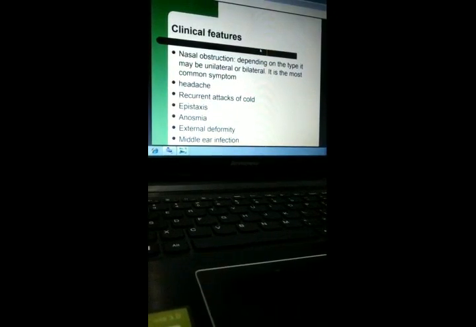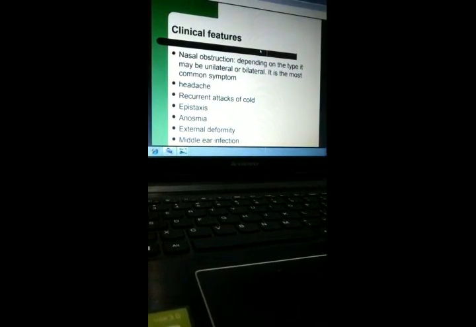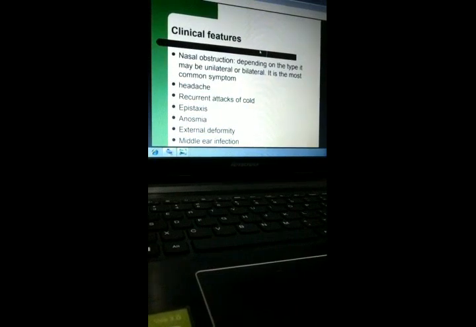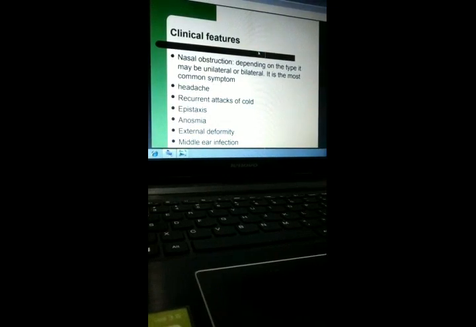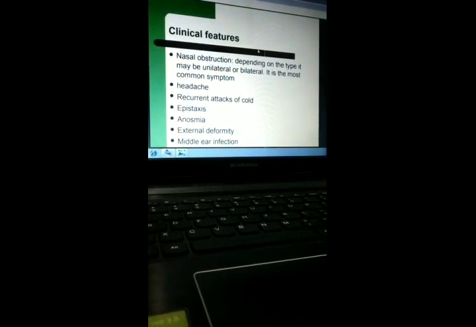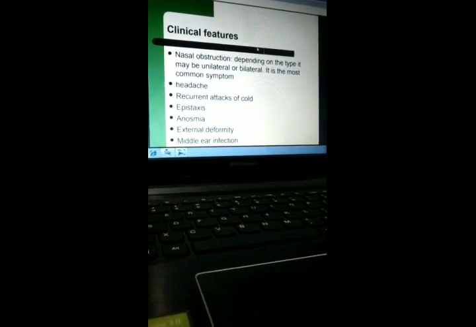Third is the recurrent attacks of cold. So there are symptoms like recurrent attacks of cold due to obstruction of the nose.